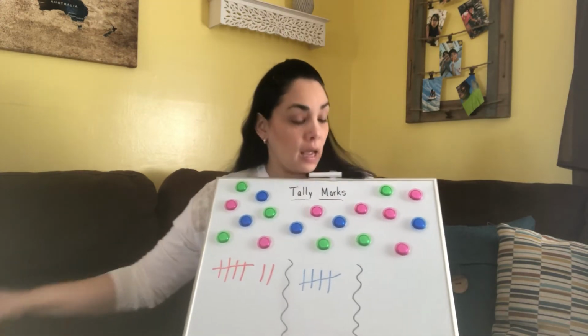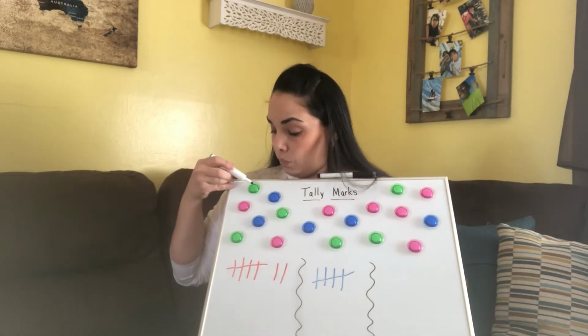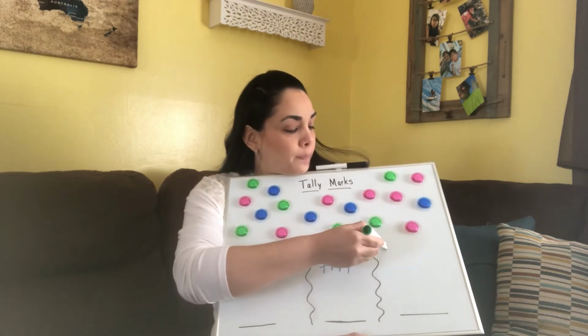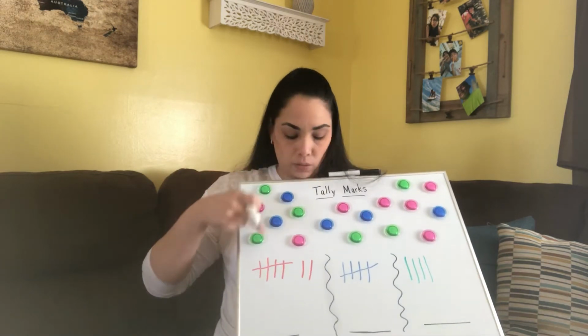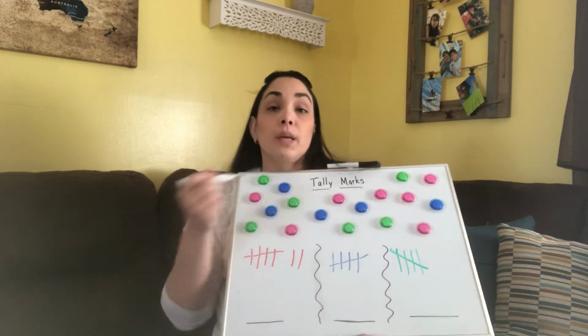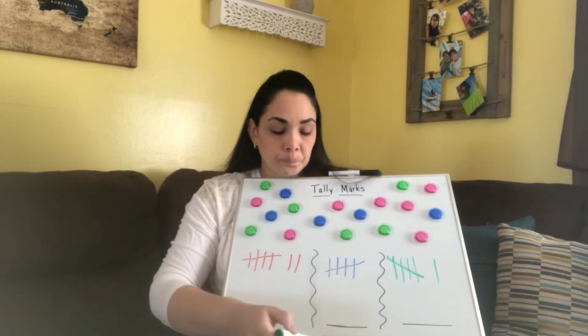Let's find out how many green ones we have. Are you guys ready for it? Help me count. 1, 2, 3, 4. Then we're going to cross this one because that's our number 5, and then we have 1 more.